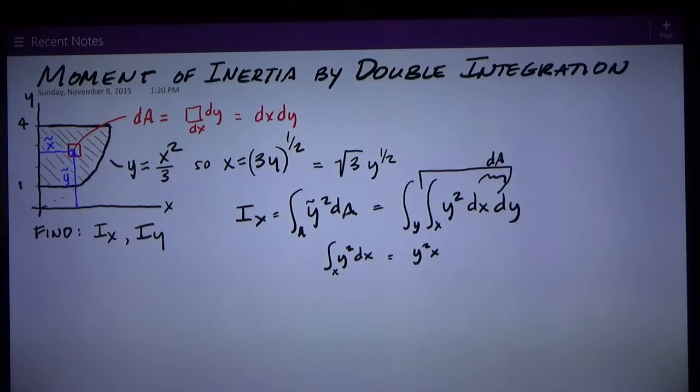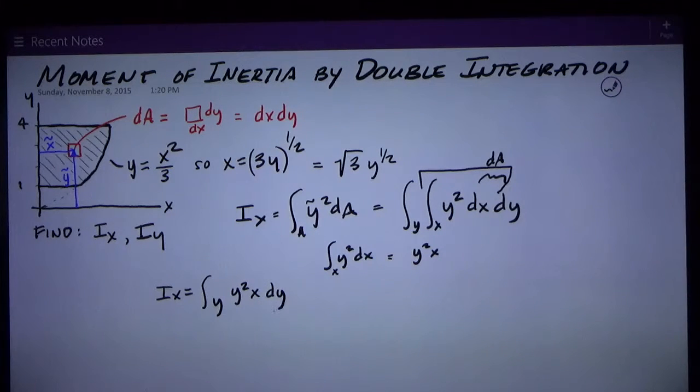Now we can plug that value into the outside integral, the dy integral, and say that Ix equals the integral with respect to y of y squared x dy.